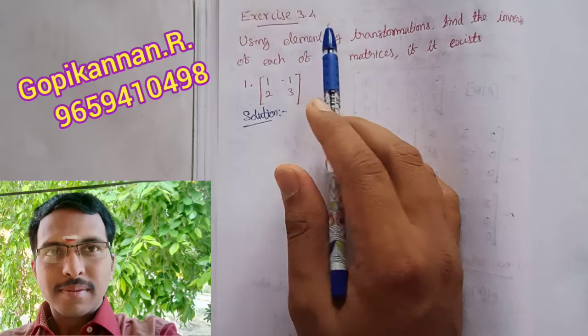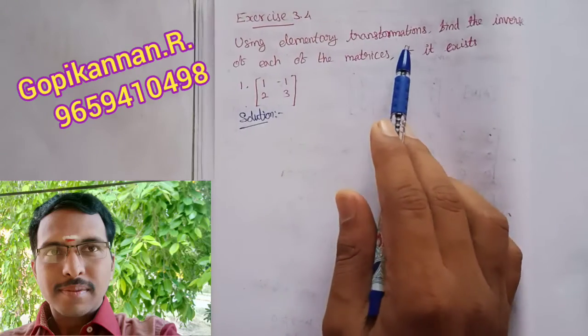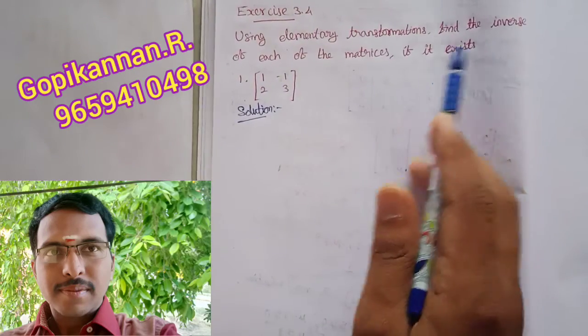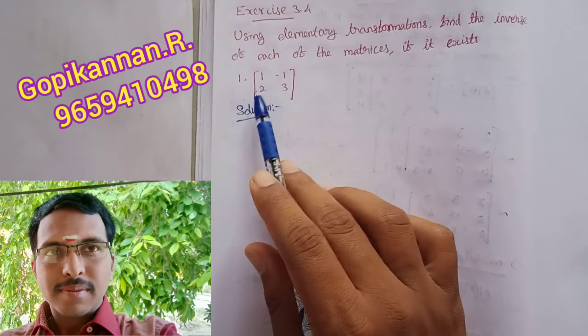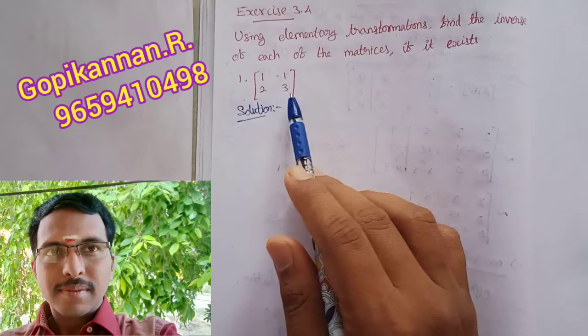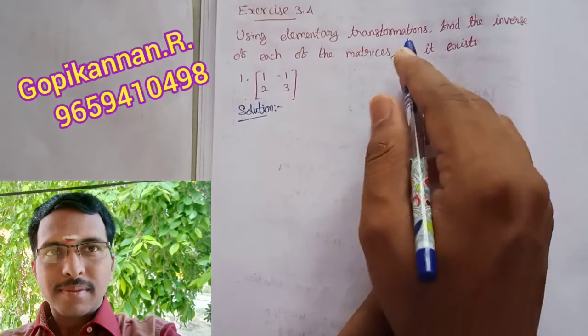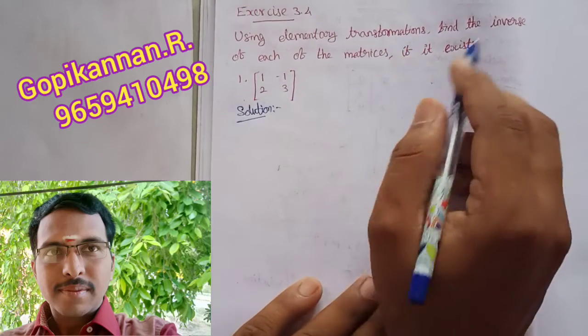Exercise 3.4. Using elementary transformations, find the inverse of each of the matrices. The first sum is 1, minus 1, 2, 3. So you can use elementary transformation and find the inverse.